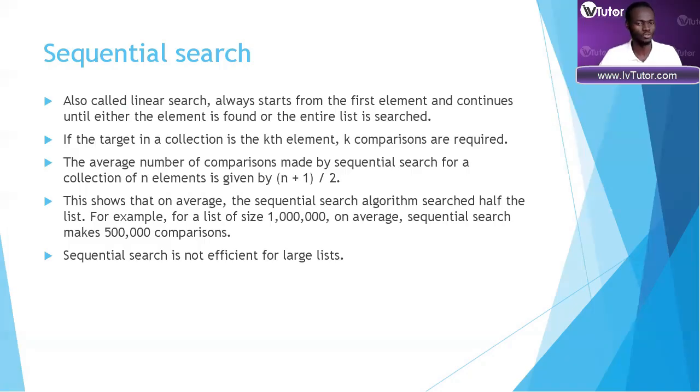On average, if you've got n elements in a collection, the sequential search algorithm searches an average of n plus 1 over 2 elements, which means if you've got 1,000,000 items, it makes about 500,000 comparisons, because remember, it has to go index by index saying, is this the item I'm looking for? If not, it goes to the next index. Is this the item I'm looking for, until it has exhausted the whole list. So you can see that it's very inefficient for very large collections because it has to compare every single item.